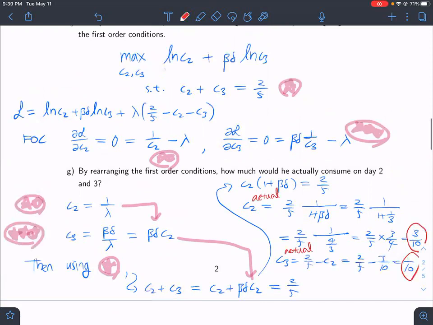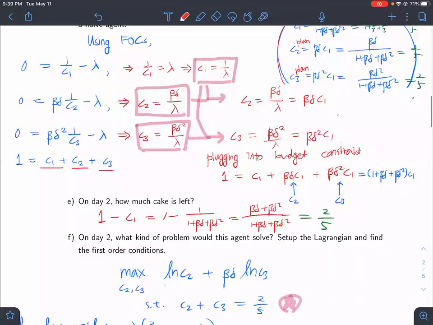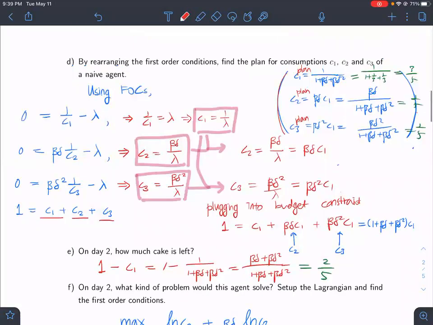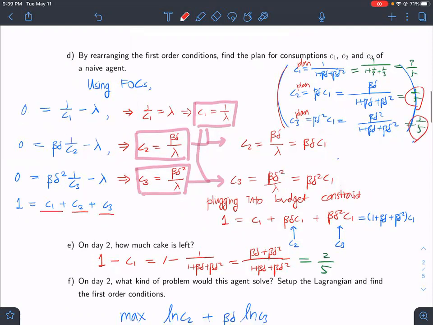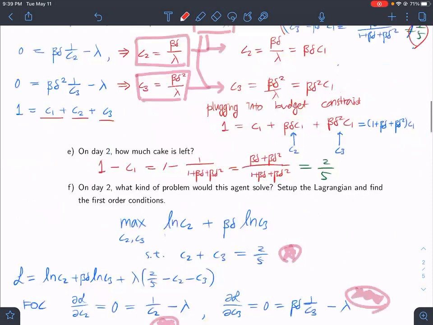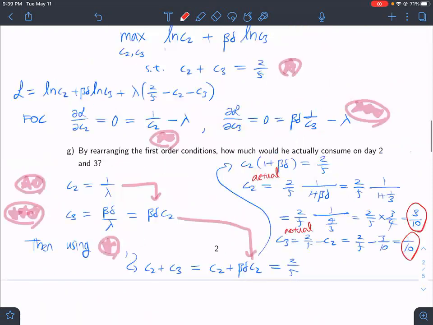Compare that with planned consumption. When I was making a plan, I thought that guy on day 2 will consume 1/5, so 20% of the cake. Let's see. He's on day 2. Actually, he is consuming 30% of the cake. So this greedy guy on day 2 is consuming more than I originally planned.